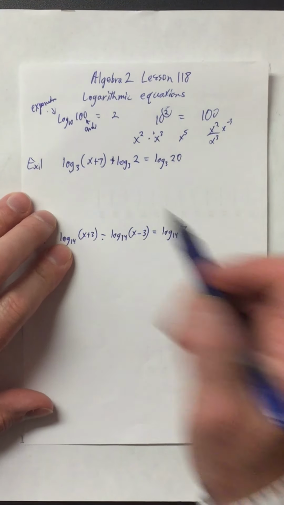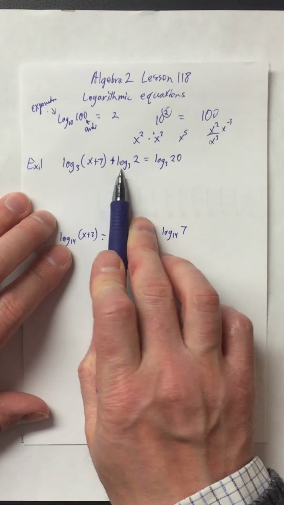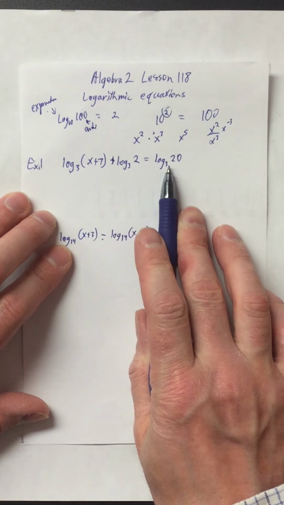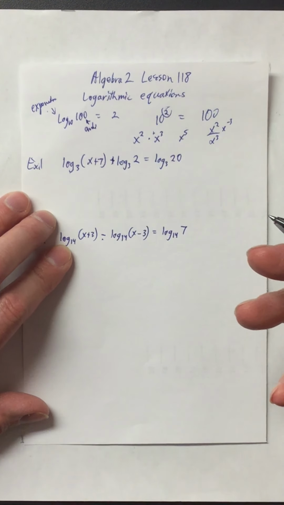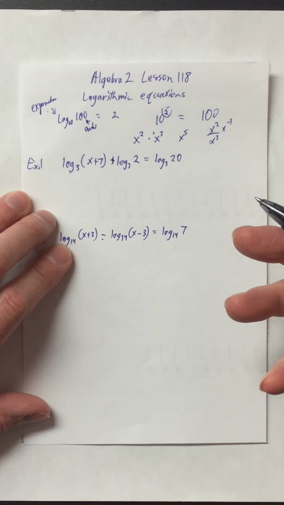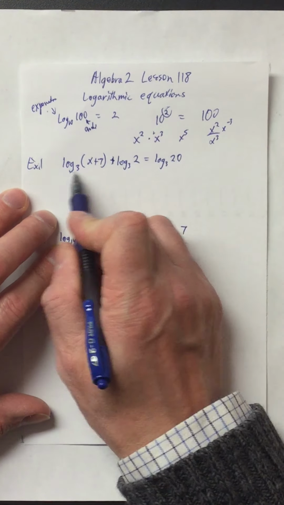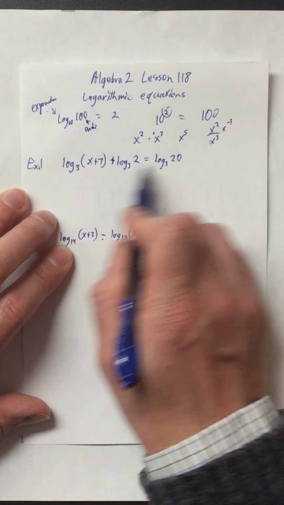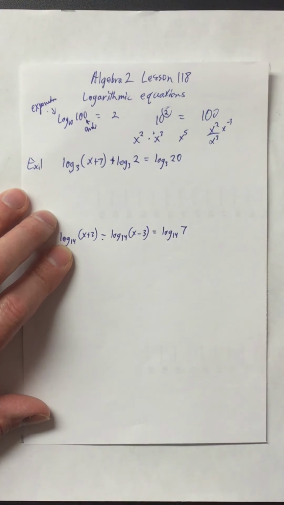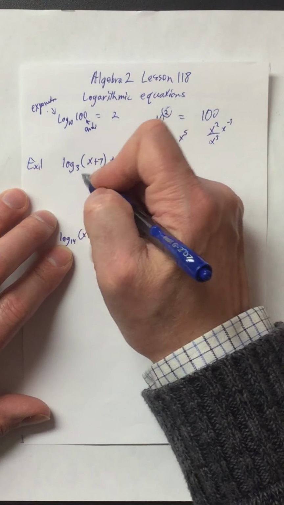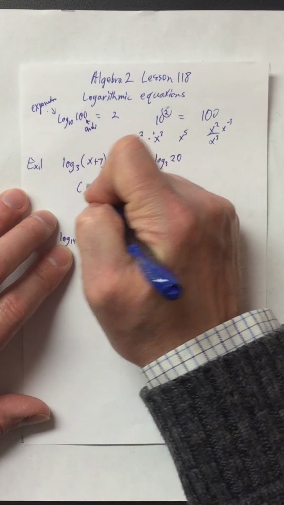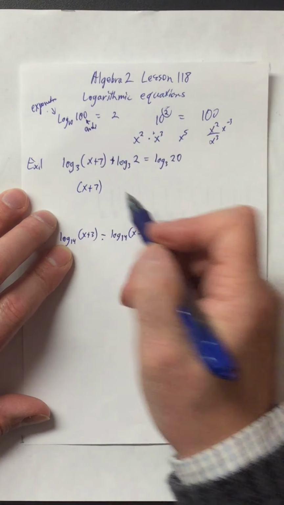In example 1, we notice that it's the log of 3, log of 3, log of 3. Since those are all the same, it works the same as like terms where you can work with them. So basically, if you divide everything by the log of 3, it goes away, and we can do that. So basically what we have is x plus 7 in parentheses.